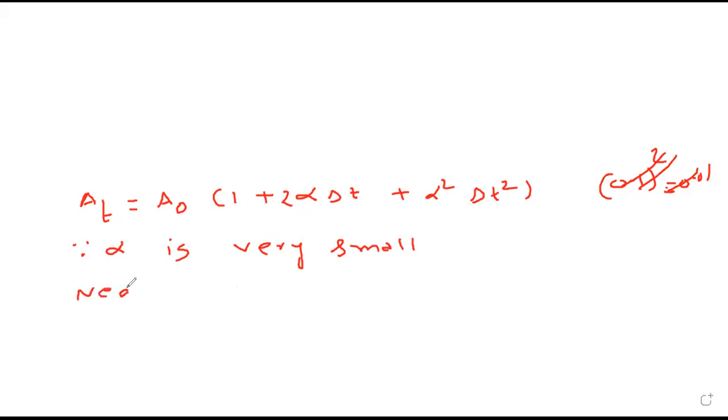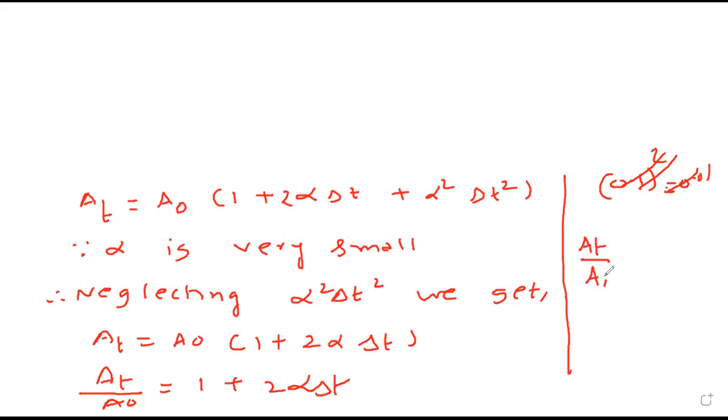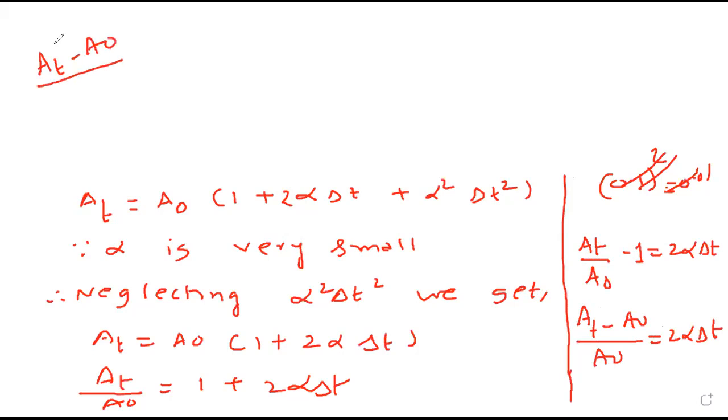So since alpha is very small, therefore neglecting alpha square delta T square, we get AT equals A0 times 1 plus 2 alpha delta T. So AT upon A0 is 1 plus 2 alpha delta T. That means AT upon A0 minus 1 is 2 alpha delta T. So AT minus A0 upon A0 is 2 alpha delta T. So I can say AT minus A0 upon A0 delta T is 2 alpha.